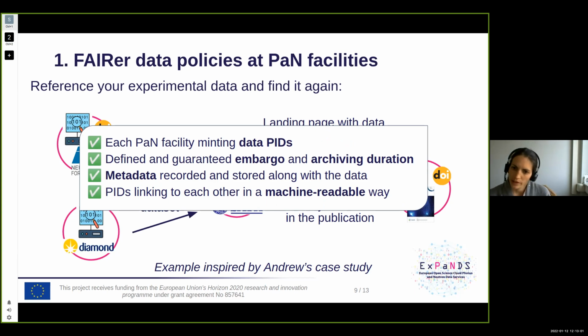And we'll define in the data policy and guarantee the embargo period and the archiving duration of the data. We also want the metadata to be recorded and stored along with the data made in the process of the facility, which means that all PIDs will be linking to each other in a machine readable way, making all of this process much easier.